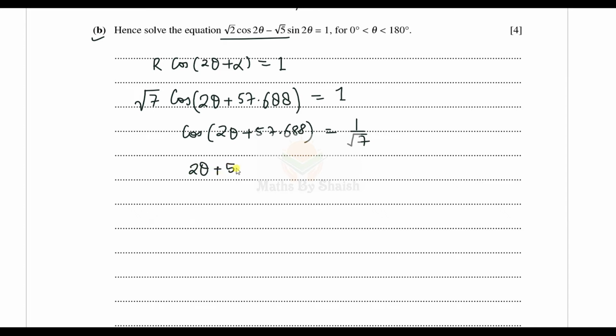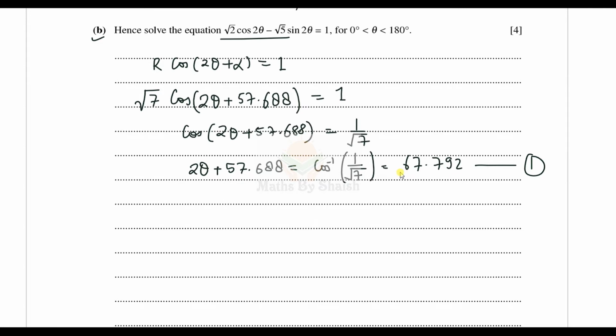So 2 theta plus 57.688 is cos inverse of 1 over root 7, and let's find its value. Cos inverse of 1 over root 7, from the calculator, is coming 67.792. I'll mark this as equation number 1, because I'm not finding theta yet. We know in cos the next angle always comes from 360 minus theta.